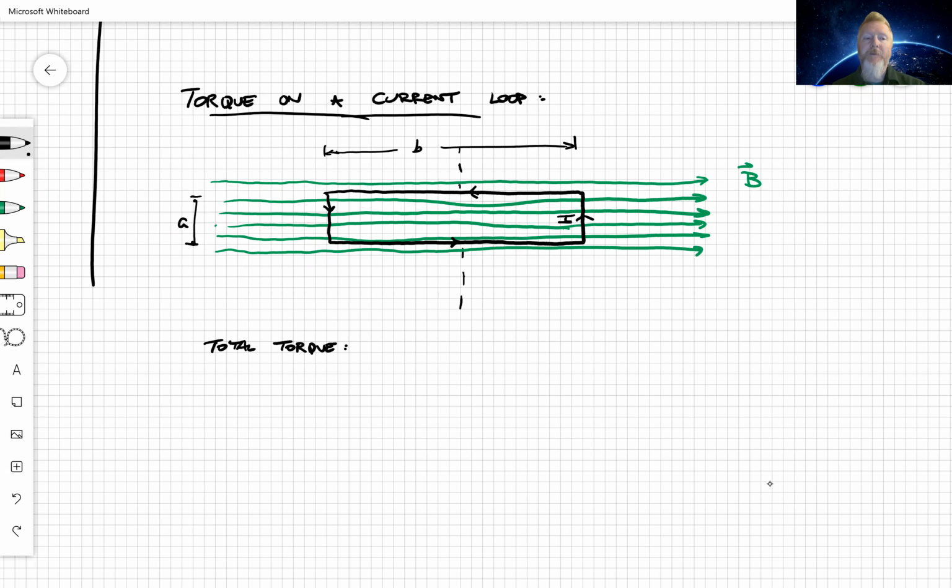Rather than cluttering up this diagram, I'm just going to draw the forces over here on a separate quick sketch. My current is traveling around counterclockwise, and the B field is going left to right. So now what are the forces on this thing?